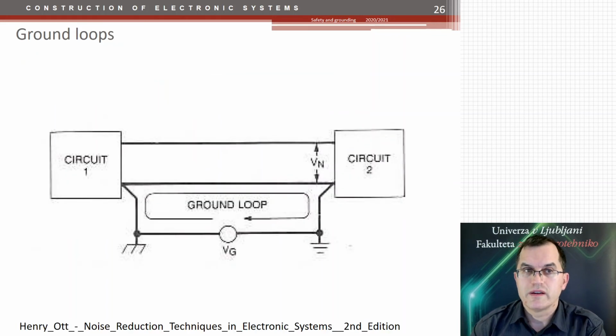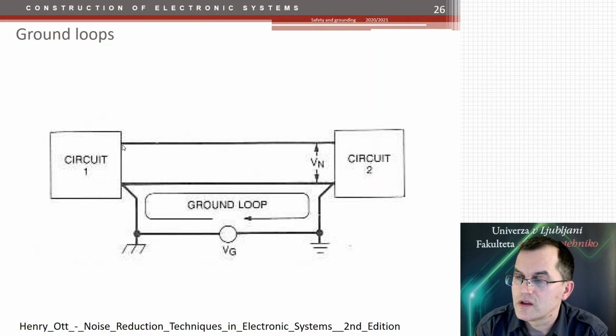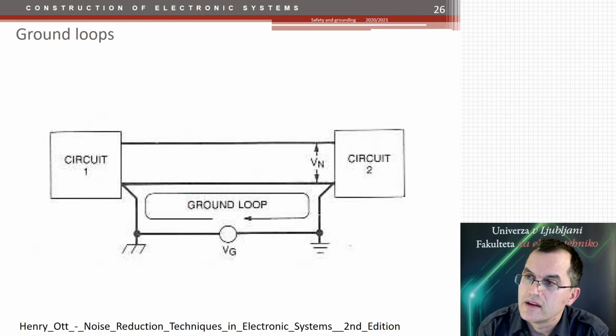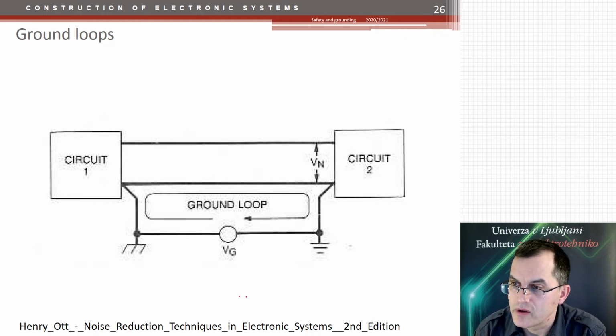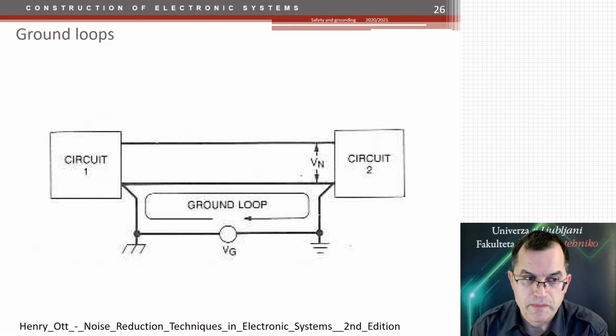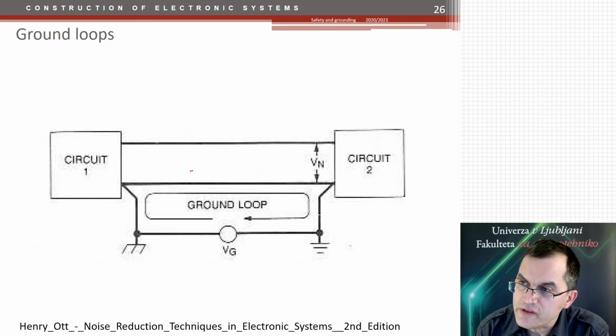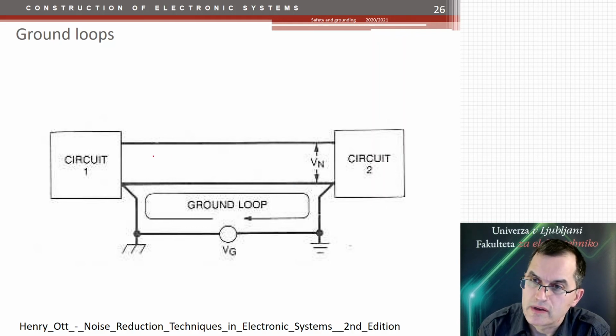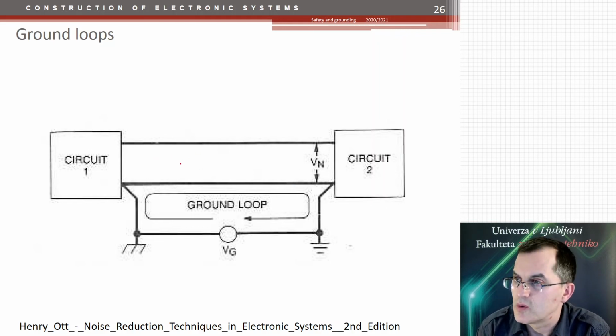The first one is, okay, first of all, here is the ground loop shown again. It's all taken from this book here, which is a very good one. It covers all these topics and much more. And here is an example of the ground loop, again, shown in a little bit different way, but very similar.